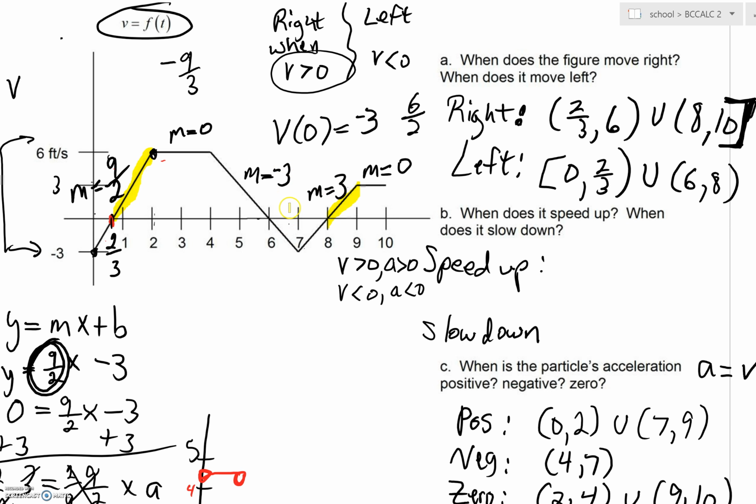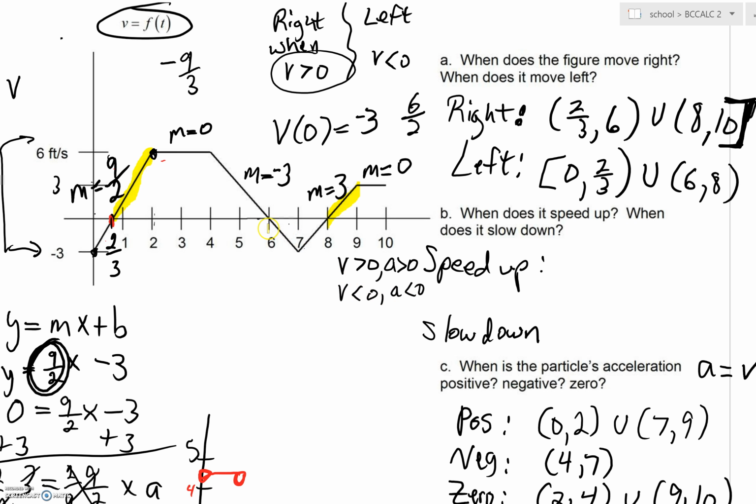So there aren't a lot of places where that's going to happen. You can see that's going to be here from t equals 2/3 to 2, and also from 8 to 9. But you're also going to be wondering, hey, is it also possible for v to be less than 0? In other words, your graph is below the x-axis, but then you'd have negative slope.